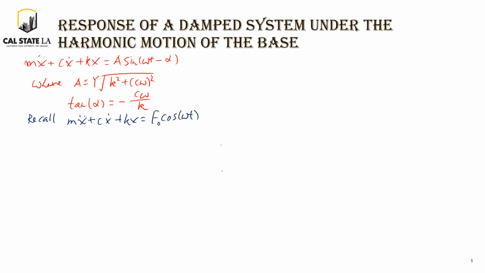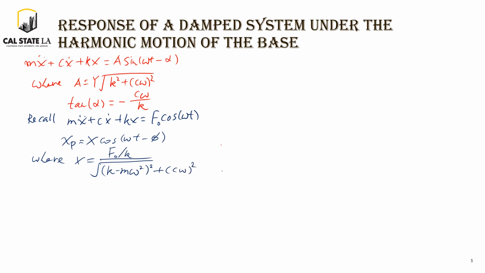The particular solution, or the steady state solution, has the form of X times cosine omega t minus angle phi, where capital X is equal to, do you still remember, F0 over square root of (k minus m omega squared) squared plus (c omega) squared.